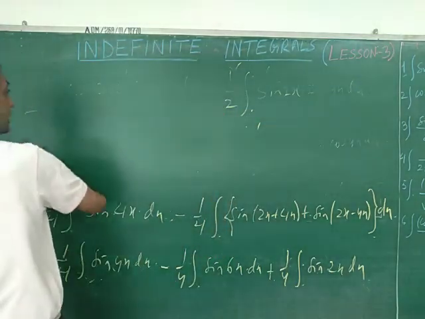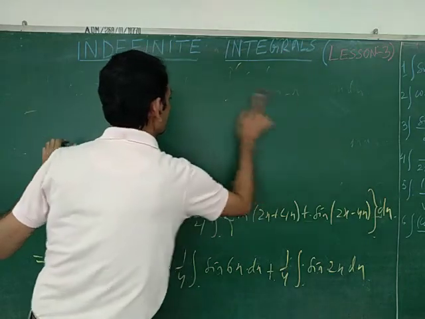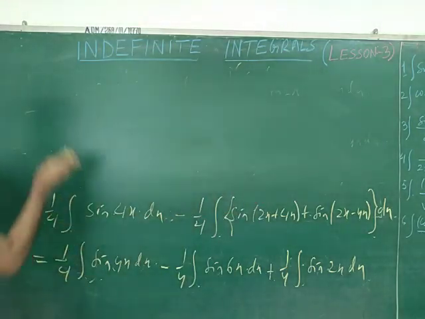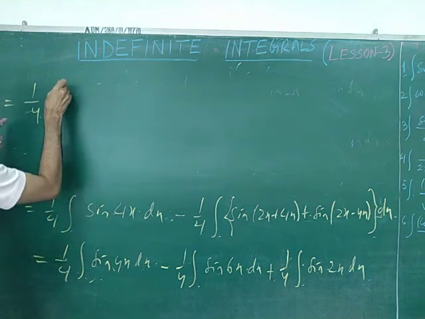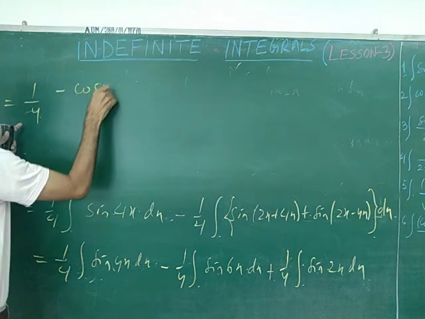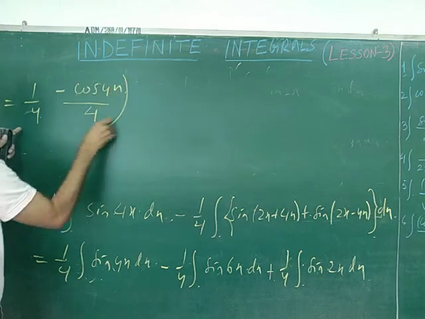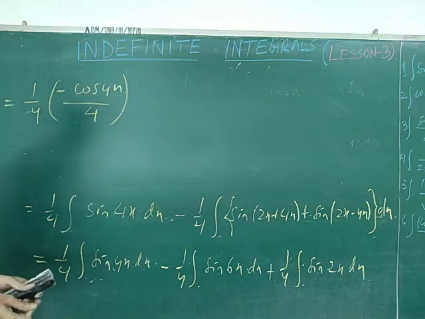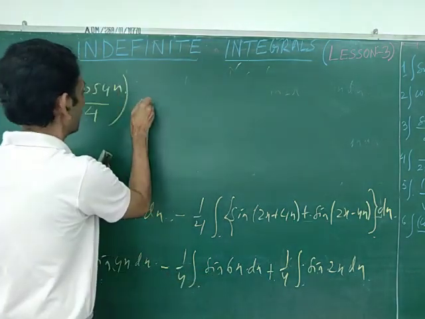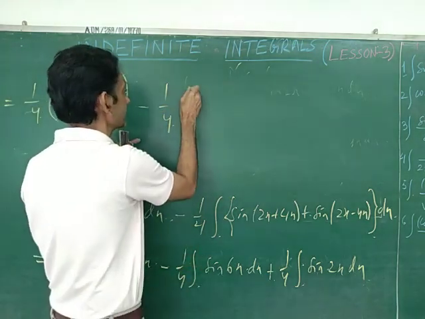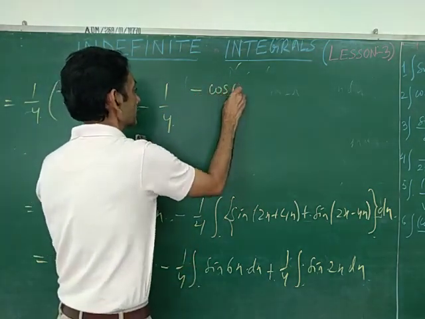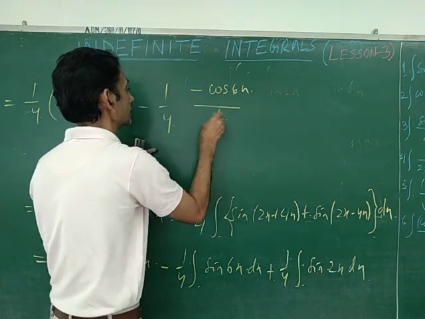So what's the next step? Next step is this 1 by 4. The integration of sin 4x is minus cos 4x by 4. We'll integrate sin 6x; sin 6x is minus cos 6x by 6.